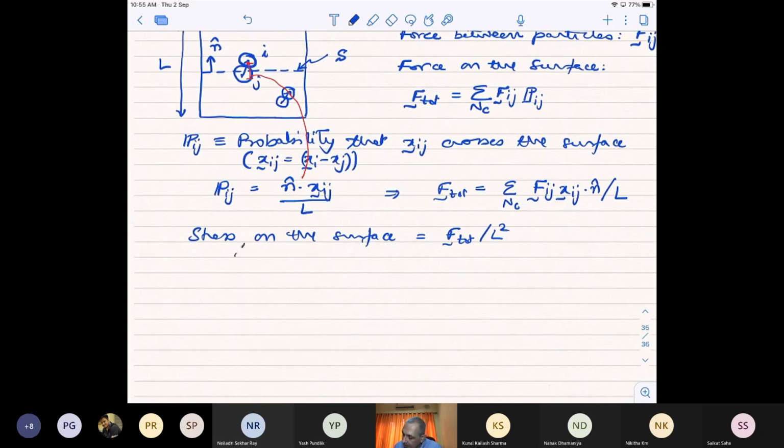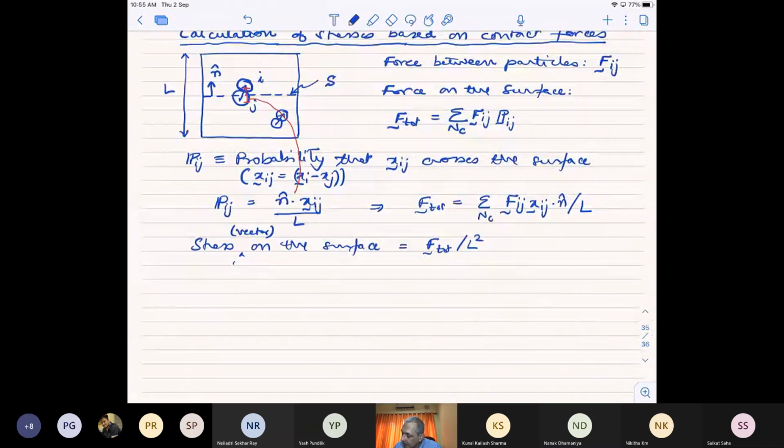So I should write stress, I put in brackets vector. And what is the stress vector on this surface? Well, that is nothing but the stress tensor dotted with n. We know that if you want to calculate the force per unit area on a surface with unit normal n, then that is nothing but sigma dotted with n. So this is the stress vector. So this implies that sigma dot n is equal to F total.